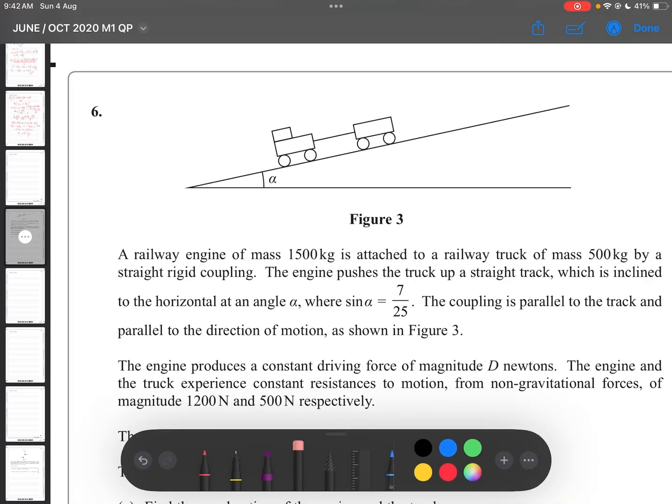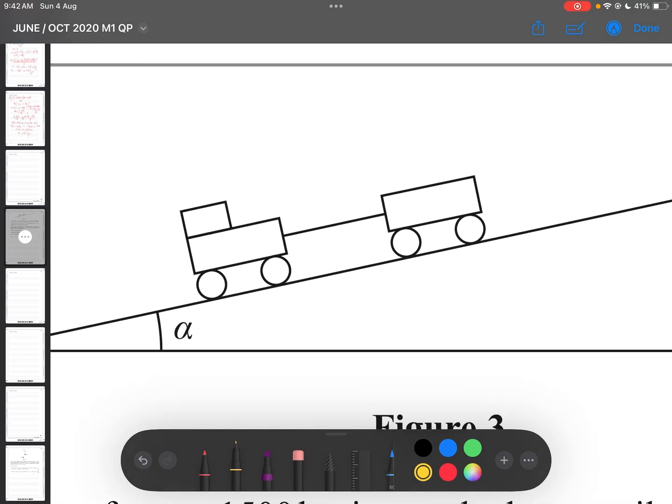So now let's start marking up our diagram. Zoom in. I'll write with two different colors so that it's easier to differentiate. This is the engine and then this is the truck. Now starting with the truck, it has some mass of 500 kg and the weight is going to act vertically downwards, and as it's at an angle, there is alpha acting here. This weight is going to have components, which are the weight cos theta and the weight sin theta.